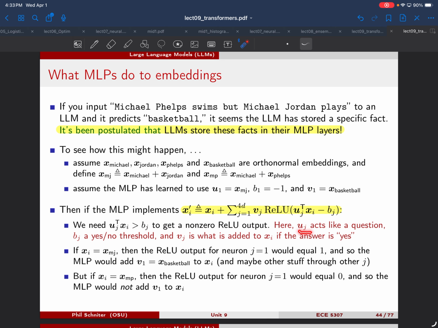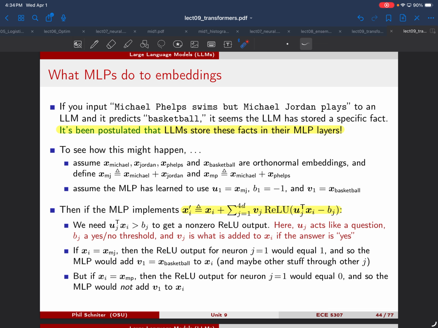So basically, this U_j acts like a question that you're asking of X_i, and b_j is like a threshold for the yes-no. It's a yes-no question, and b_j is a threshold for how high that thing needs to be to consider it a yes; otherwise it's a no. If it is a yes, meaning something positive came through the ReLU, then this is what you will add to X_i. If it's a no, the ReLU will output 0 and you won't add anything to X_i.